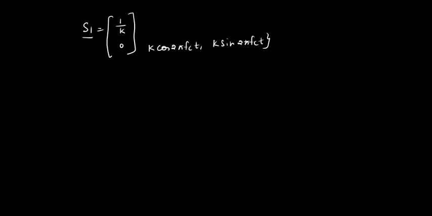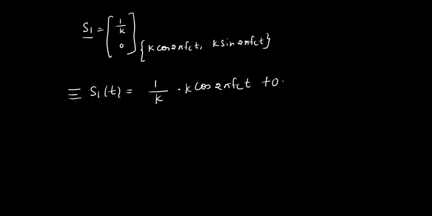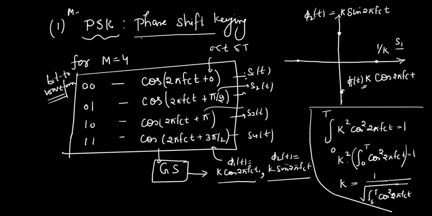Yes or no? The corresponding S1T will be 1 by k into k cos 2 pi FCT plus 0 into k sin 2 pi FCT, which is equal to cos of 2 pi FCT. Okay, check whether it is correct. Is it okay? So this is your S1 vector.